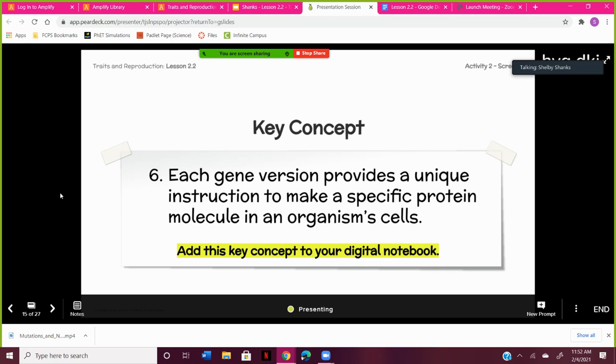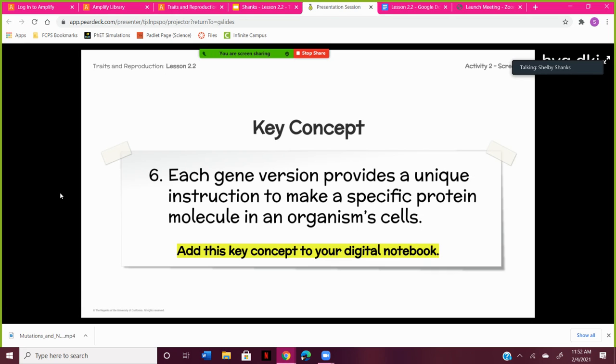So each gene version provides a unique instruction to make a specific protein molecule in an organism's cells. Last class, you guys should have seen that if you change that gene version, you change that specific protein molecule, which in turn, if you change both of those, you change the trait of the spider.